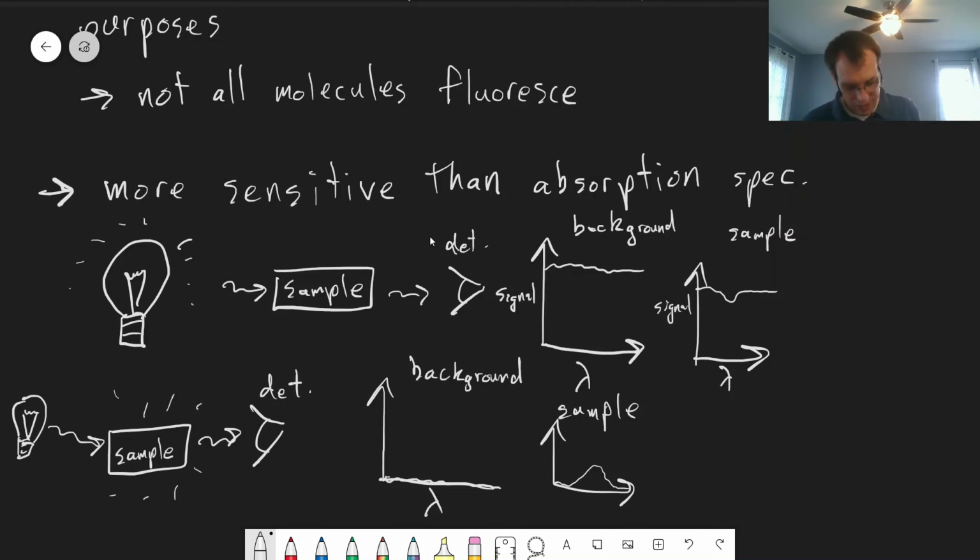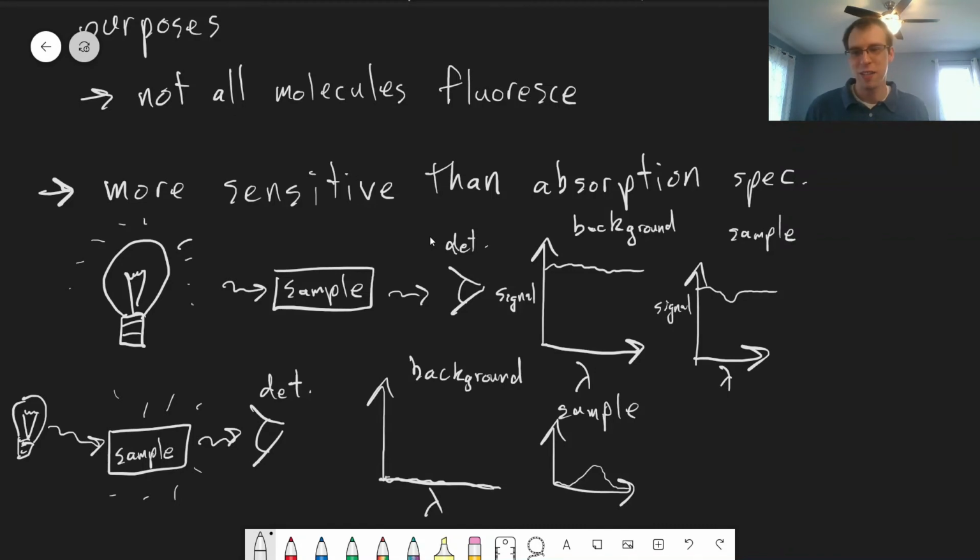So this is a lot easier to see. It's like looking for a small source of light in a dark room, instead of looking for how much your light gets dimmer in a bright room. It's a lot easier to see that starting from nothing, that there is something, than to go from there's already lots of the thing and you're trying to look for how much less there is.